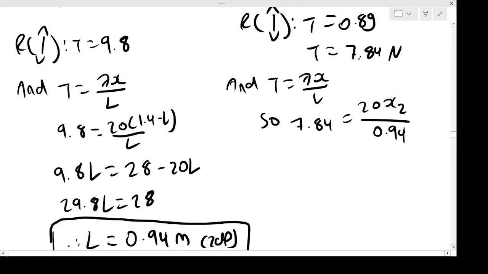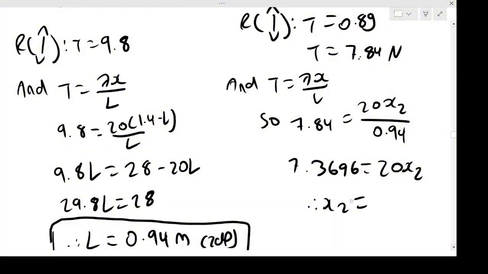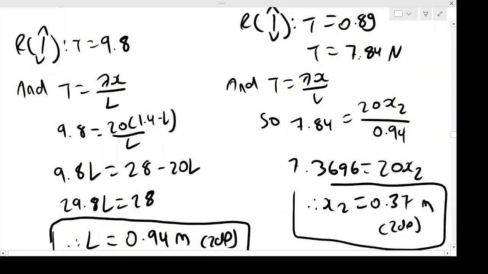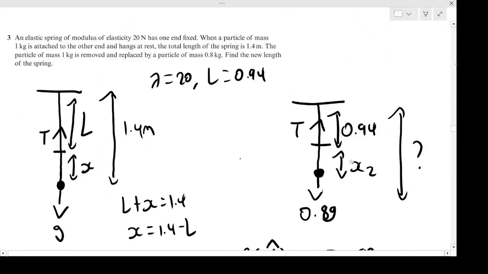So it's 7.36996 by cross multiplying. I get 20x2. Therefore x2, if I divide by 20, I get 0.36. Actually, 0.37. And so that is my extension in this case here. So x2 is 0.37.